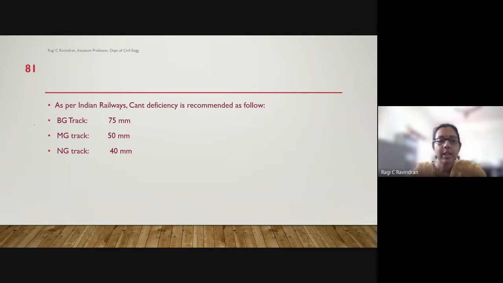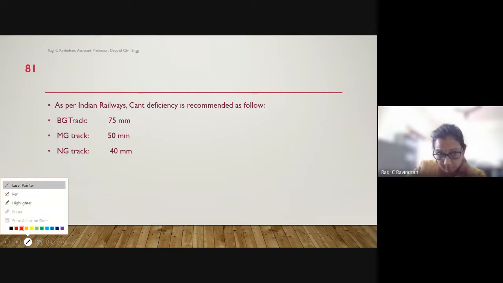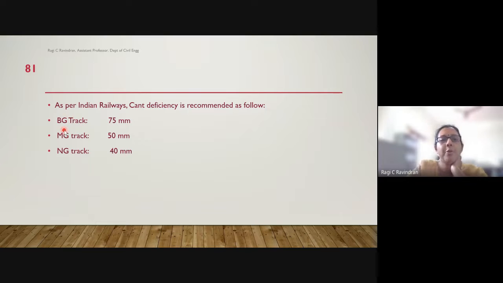For broad gauge it is 75 mm, for meter gauge 50 mm, and for narrow gauge 40 mm. These are the CANT deficiency values recommended by Indian Railways.